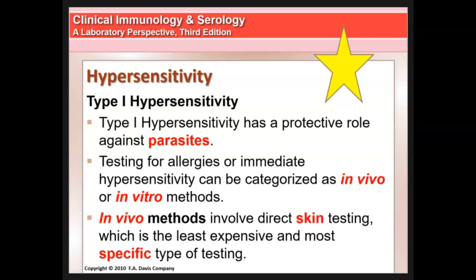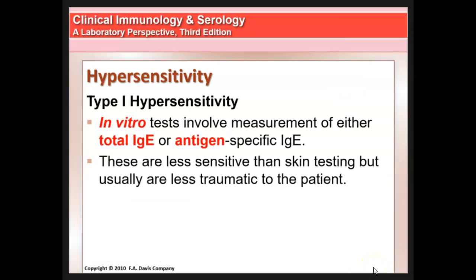So in vivo, this is done inside the body. So this is the scratch test or the cutaneous test or the prick test that you've probably seen pictures of or perhaps even experienced. And the in vitro tests measure either total IgE or antigen-specific IgE. So in vitro, outside the body, this is less sensitive but better for the patient because it's less traumatic.